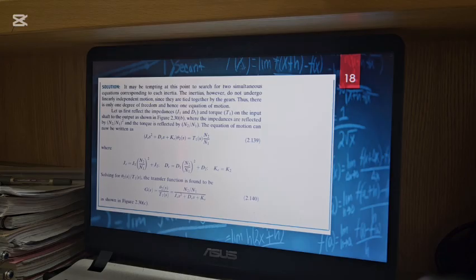We will solve it for theta 2(S) over T1(S). So we will find this relation: theta 2(S) over T1(S) will be equal to (N2 over N1) over (JE S squared plus DE S plus KE).